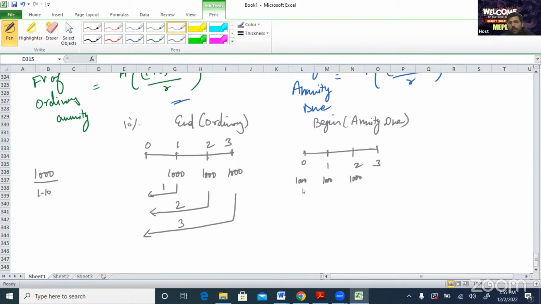In the annuity due scenario, the first will not be discounted at all; it is discounted for 0 period, so value will be same. The next cash flow is discounted for 1 year, and the next for 2 years. So here every cash flow is discounted for 1 extra period, and here my cash flows are discounted for 1 less period.